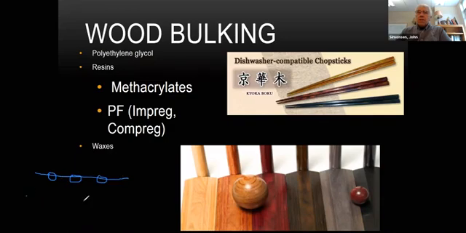And then the wood surface has hydroxyls. So you get hydrogen bonding between the polyethylene glycol and the wood hydroxyls, right?